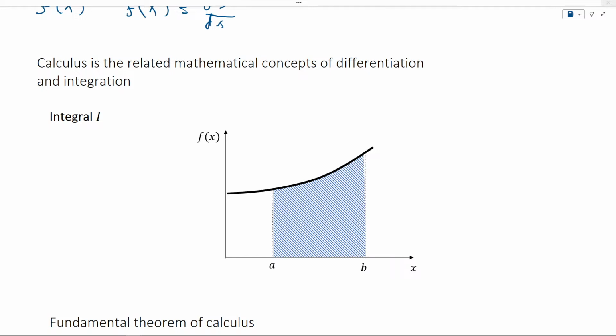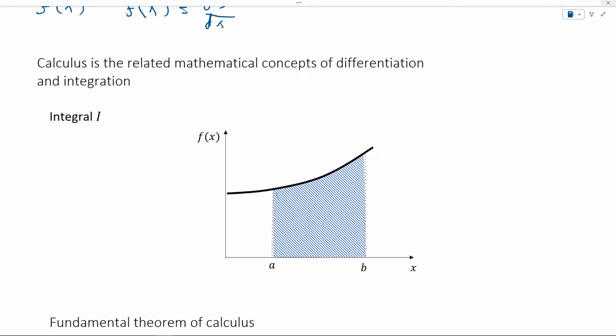What is accumulating under this function? For example, if I have this function and you want to know what's accumulating under it, that would basically be the area under this curve. So I can find the area under this curve from A to B. And that would be accumulation.